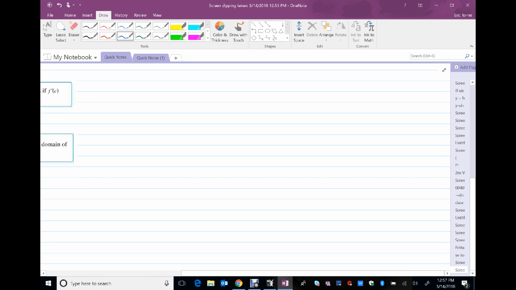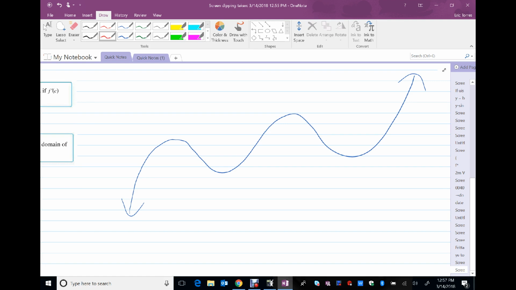But again, let's take a look at any function, just randomly drawing a function, and we're examining local minimums and maximums that would occur at this 1, 2, 3, 4th location.